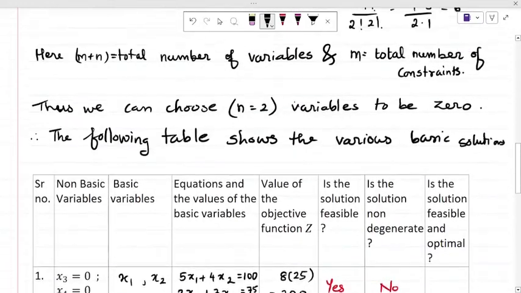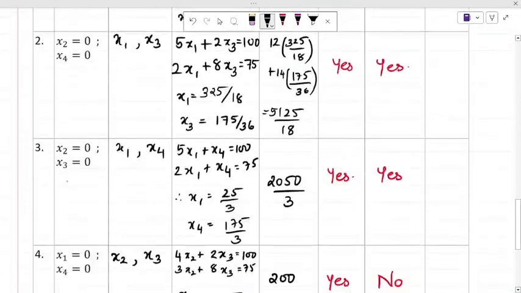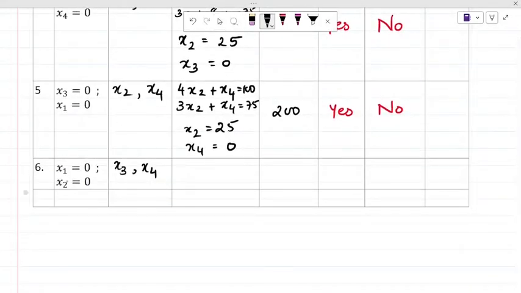In that case, again we will need the coefficients 2, 1, 8, 1. So here we will be having 2, 1, 8, 1, right? So 2x3 plus x4, and here it is plus x4 here and x3. This is 100 and this is 75.